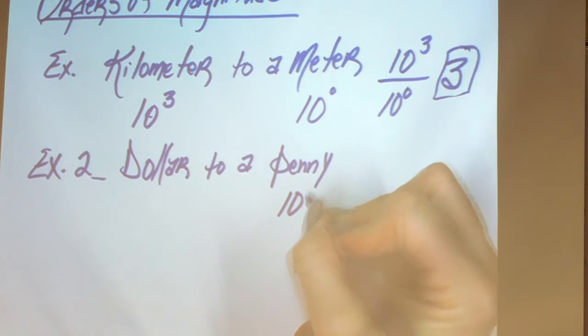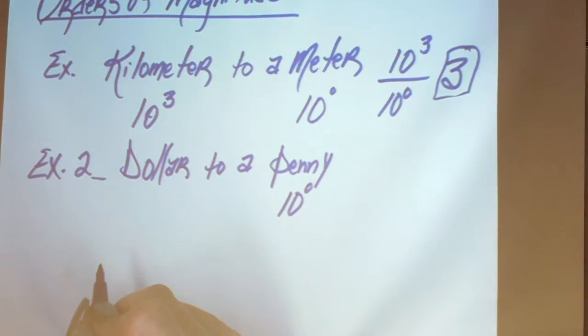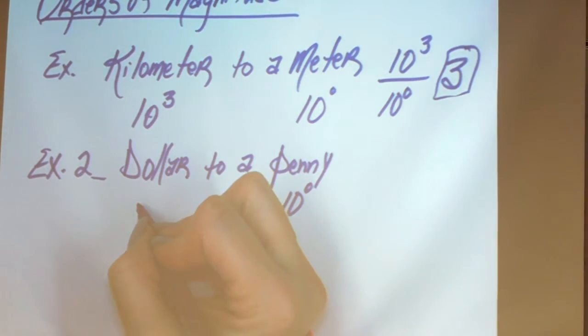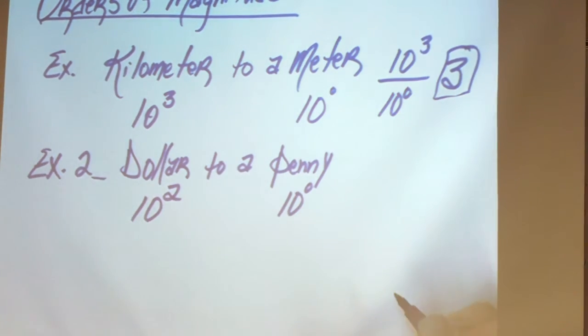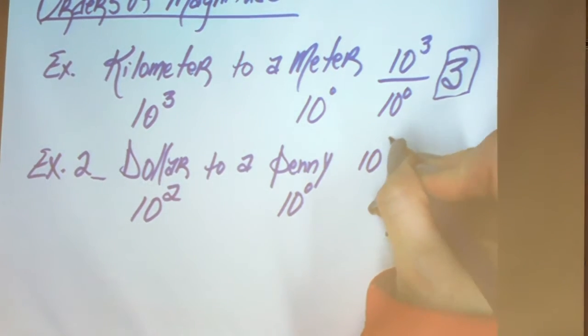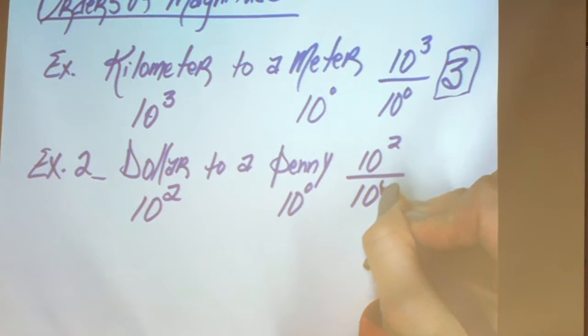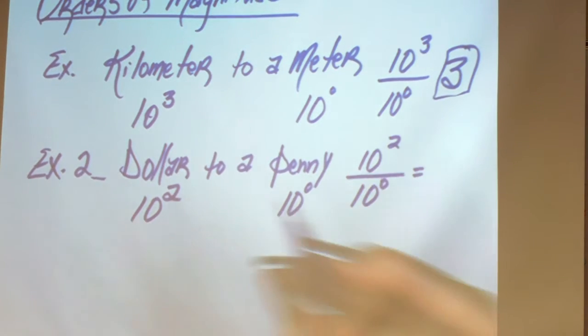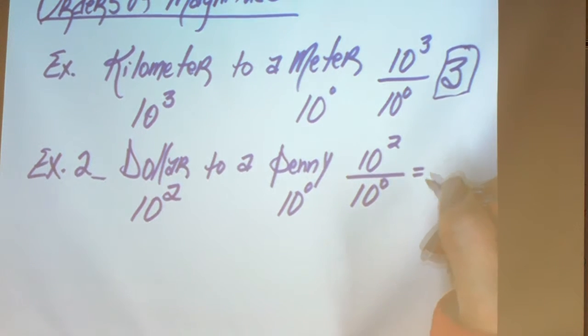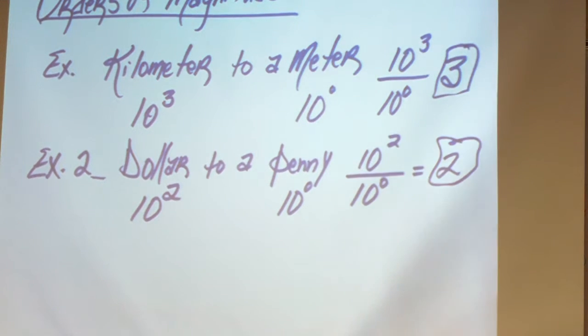So this again would be like 10 to the 0 power. And $1 is like 100 pennies. So this would be like 10 to the 2nd power. So if I compare those, I'd have 10 to the 2 over 10 to the 0. And so $1 is a magnitude 2 larger than a penny. Okay, that's orders of magnitude.